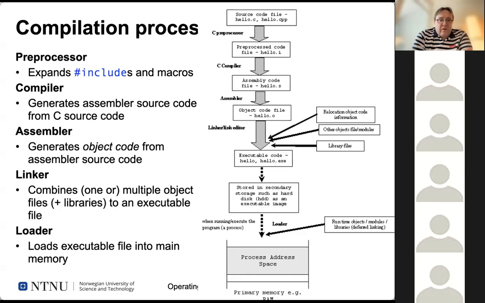So these are already machine instructions, binary instructions that could be executed by the machine, but they're not complete. If your program consists of multiple parts, so if you link libraries, or if you have separate source files, C compiles each source file separately. So you get a number of object files and possibly libraries that you want to link.